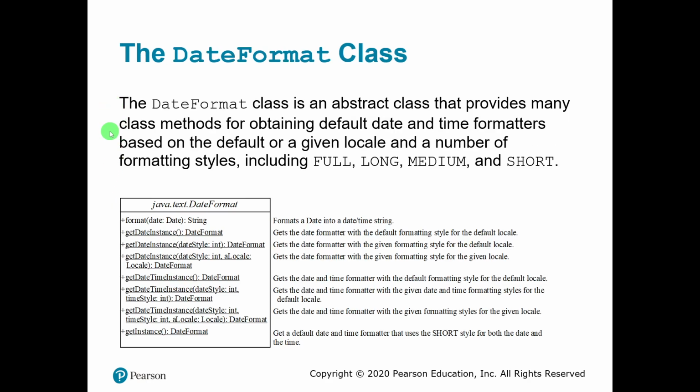It has many methods for obtaining the default date and time formatters. The format method is probably the one we use the most. Once we have the locale set, we can create a date format, and then we can format any field that uses a date to display using that format. And we'll see examples coming up.